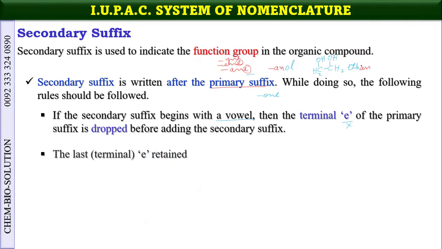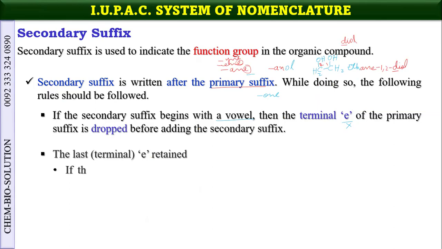But for -ol, you can write ethane-1,2-diol. So instead of -ol, there would be -diol. This is not the vowel suffix, that's why we retain E here and we write 1,2-diol. Because this D is not a vowel, D is a consonant.